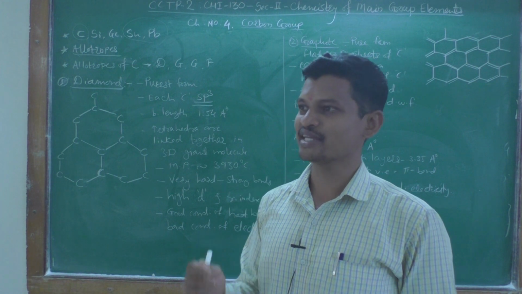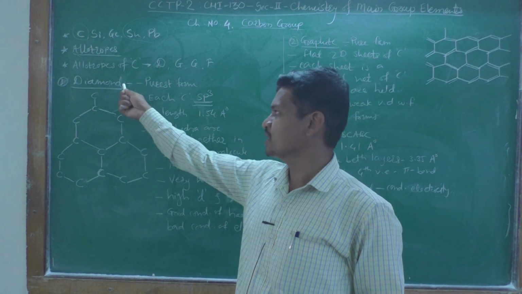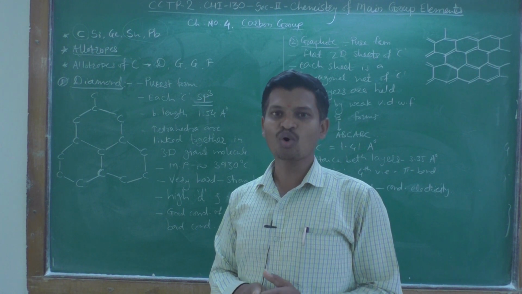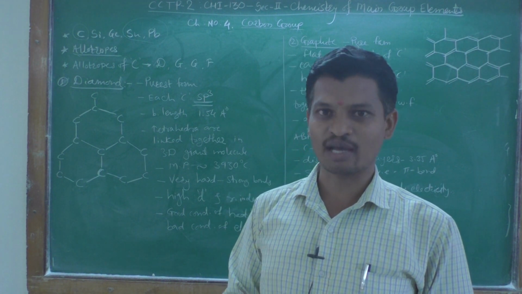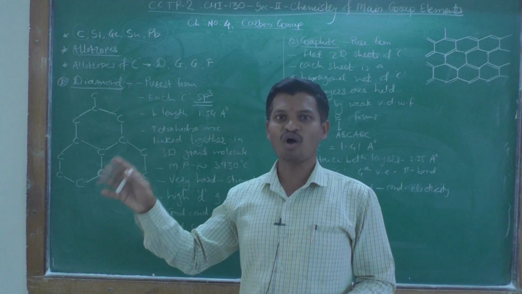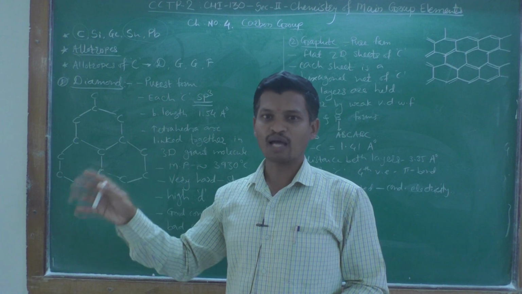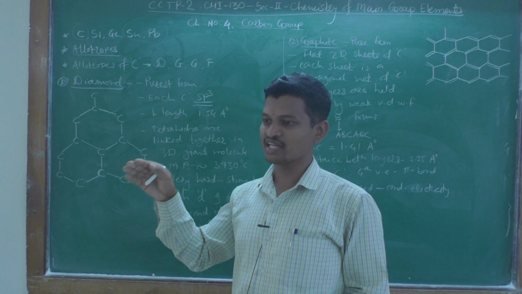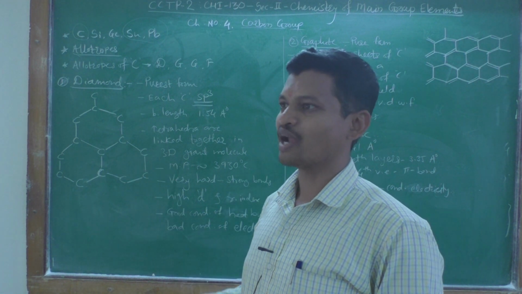Yes, the answer is yes, because this diamond consists of only one element, that is carbon. No other element is present in it, and hence this is one of the forms of carbon which exists in nature.